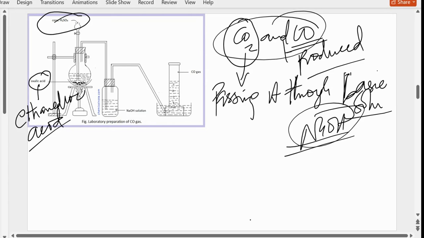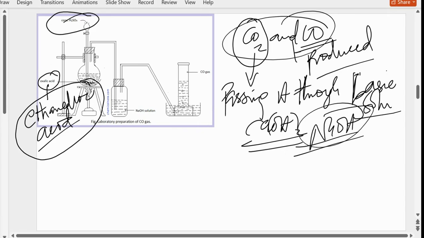We bubble it through calcium hydroxide. It forms a white precipitate. Therefore, for this case, we are dehydrating ethanedioic acid, or what we call oxalic acid, and thus we will obtain CO2, CO, and water.